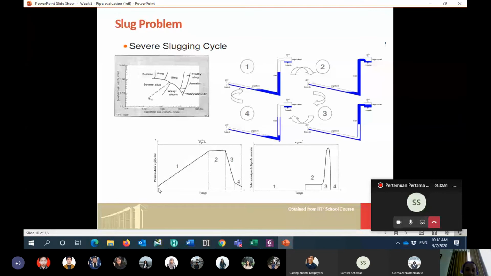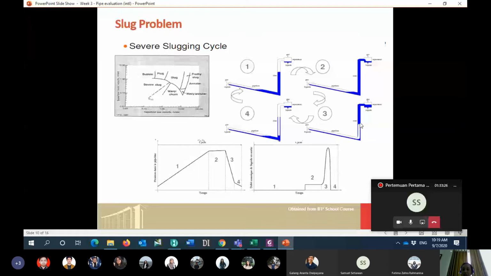This is an example of the slugging problem. For example, it starts from number 1. As you know, in the slug problem the gas cannot pass through the liquid, so there will be an accumulation of gas in the pipeline. As gas is always being produced, the pressure becomes high enough to push the liquid, but the liquid is also accumulated.